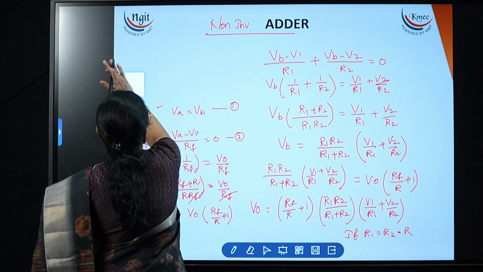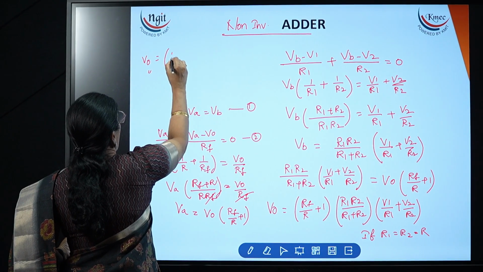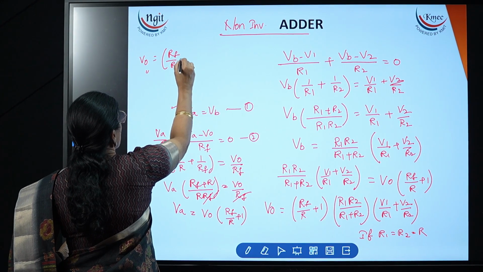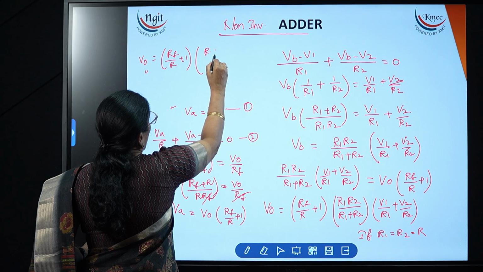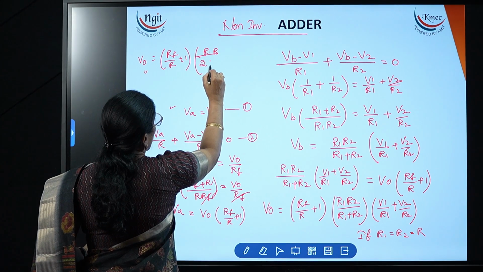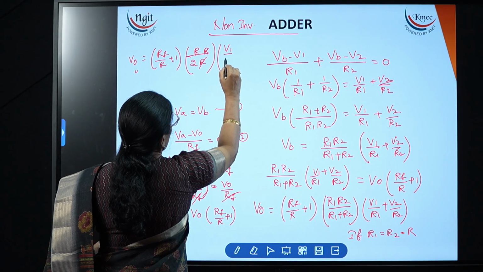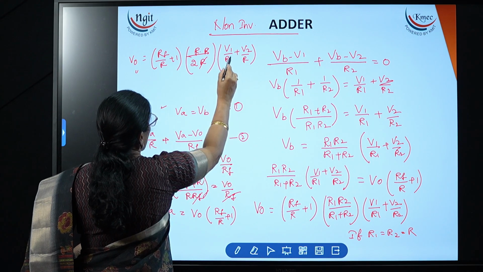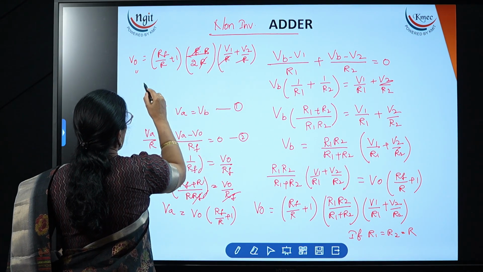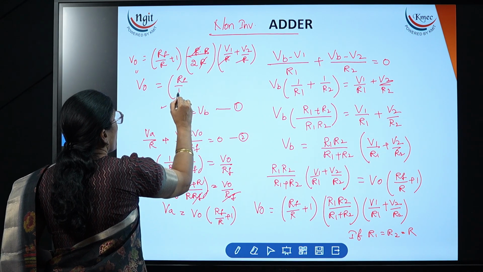So V naught is equal to (RF by R plus 1) into R divided by 2R into (V1 by R plus V2 by R). If I take out R also, then this R and this R will get cancelled, and I'll get V naught is equal to (RF by R plus 1).